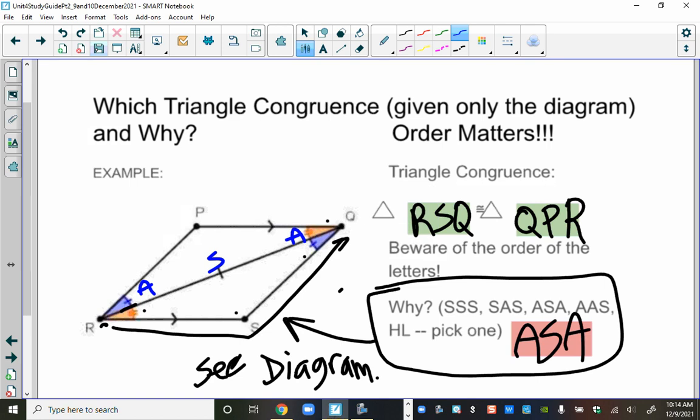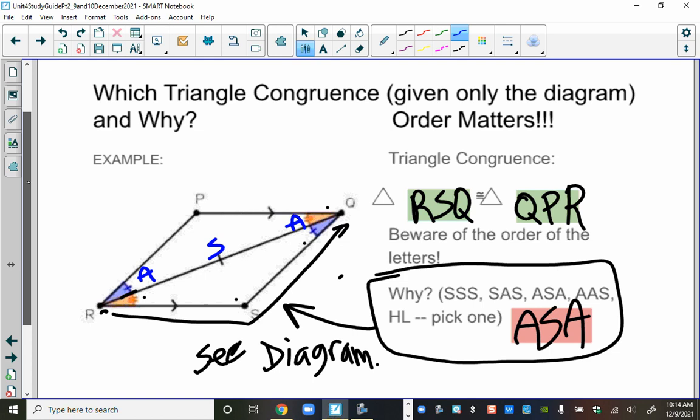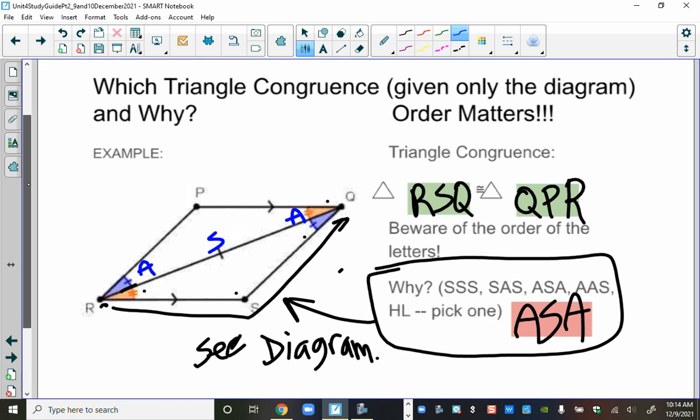Okay, questions? I'll go back real quick. So we're good on this one? Good. Here. First triangle determines order. The second triangle congruence. We'll get your diagram.